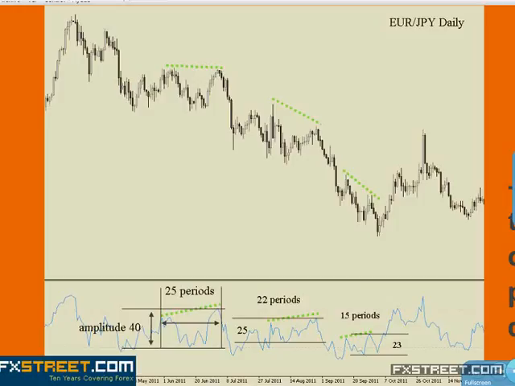Not sure if I understood the question, but as far as comparing this type of setups or the amplitude of the RSI from one period to another, this is something that I would rather rely on a back test on a specific market.